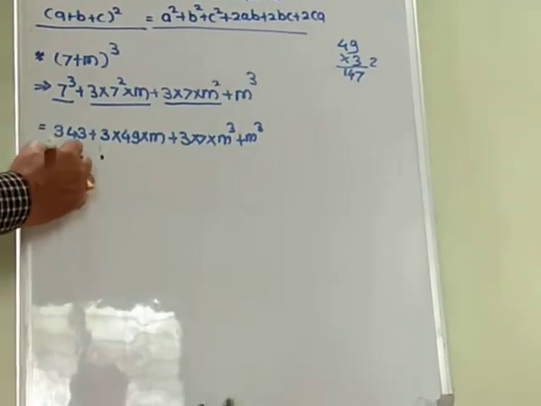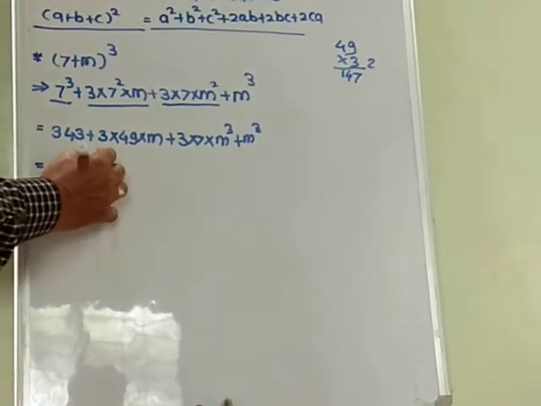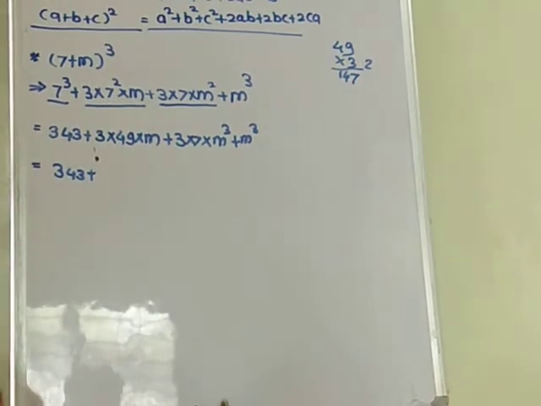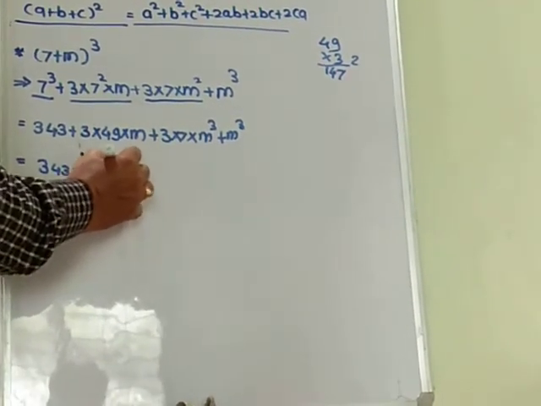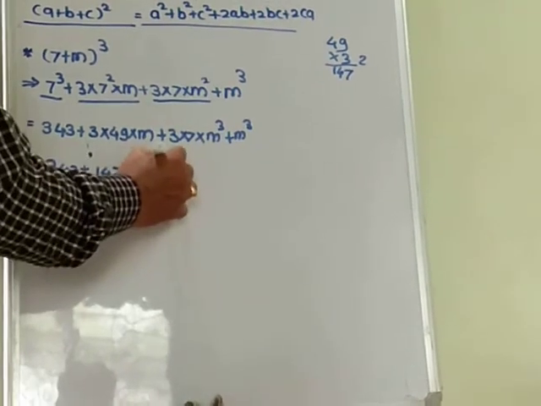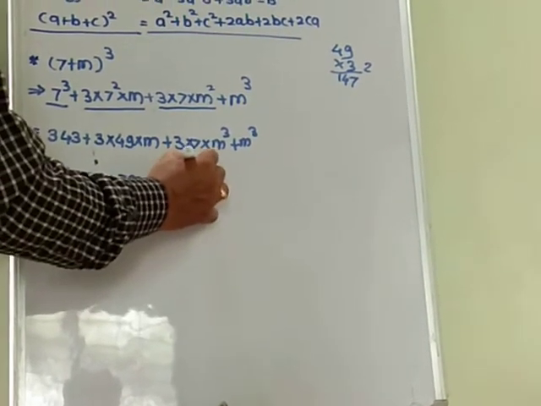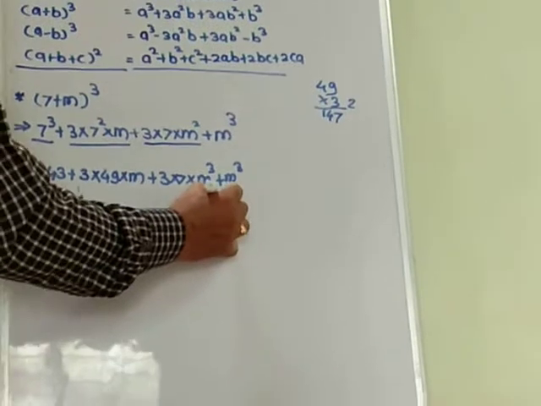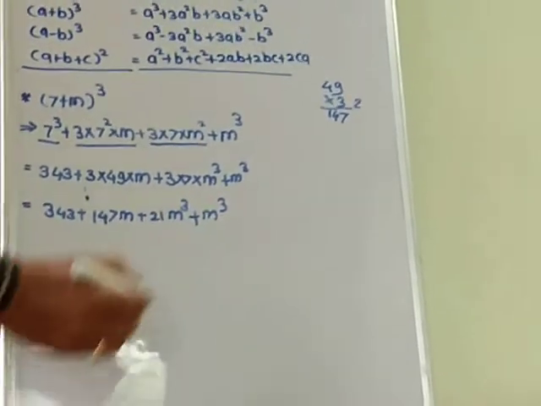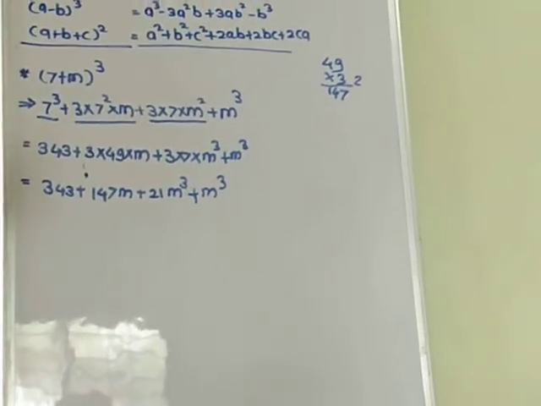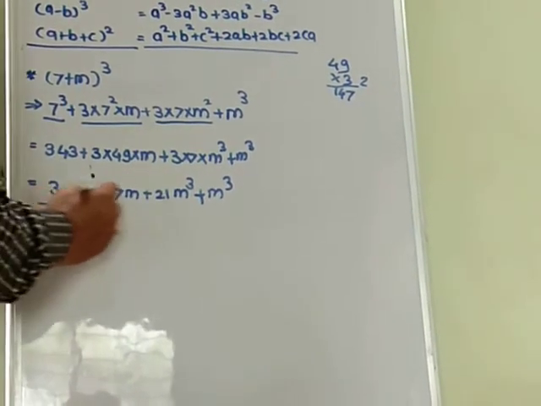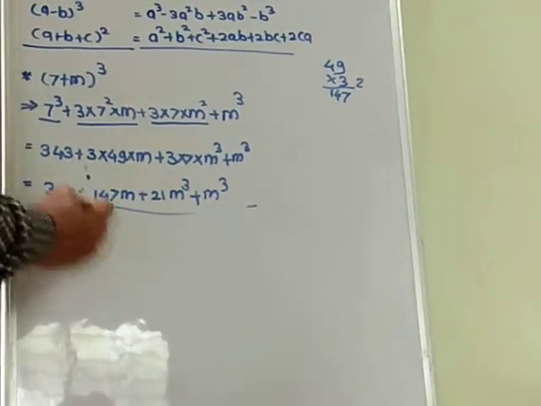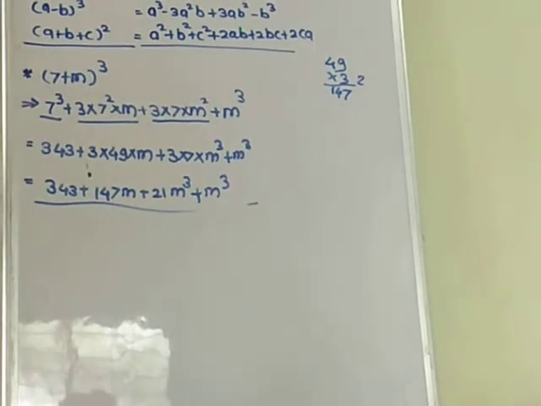Then 343 plus 147m plus 21m square plus m cube. Write it in a proper manner, or this is also a right answer.